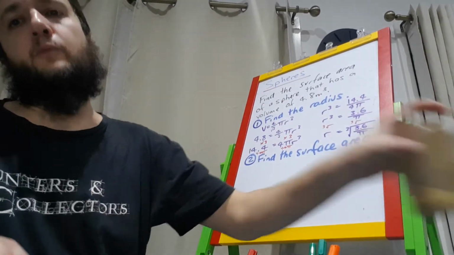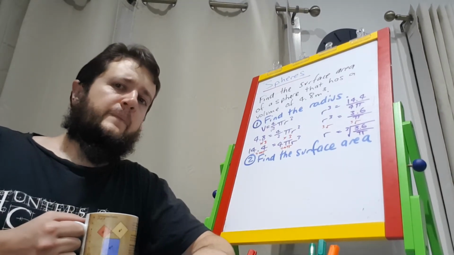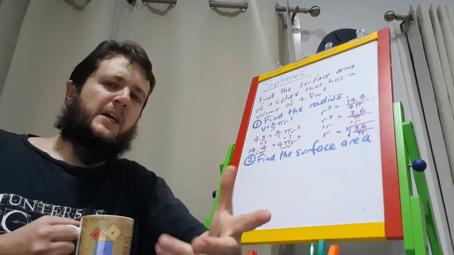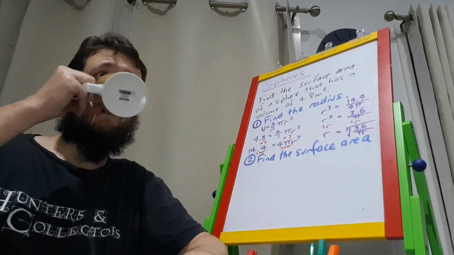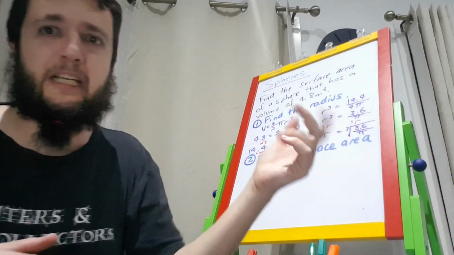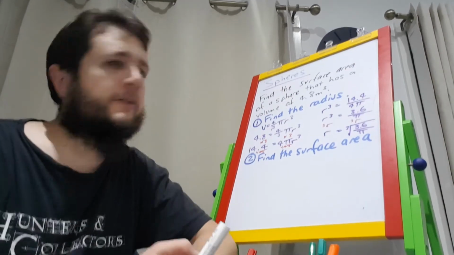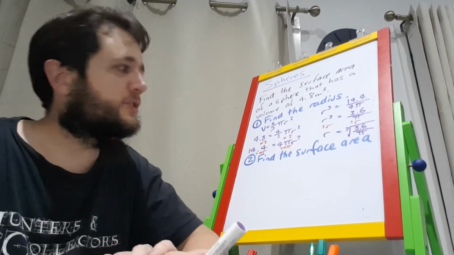Now I could put that in a calculator and find an approximate value for that, but the further we get in mathematics, the more we want to work in exact values where possible. So let's leave radius as that expression, the cube root of 3.6 divided by pi, as weird as it looks.